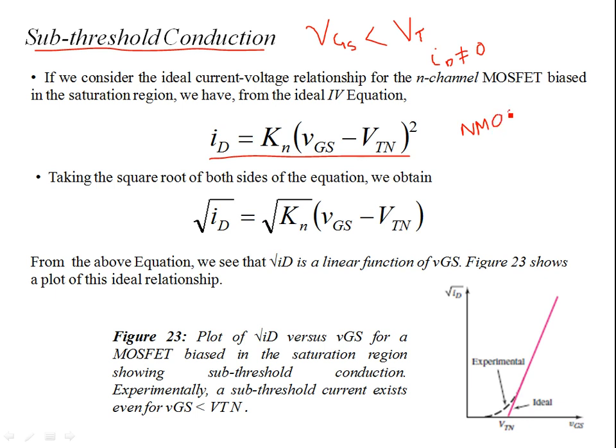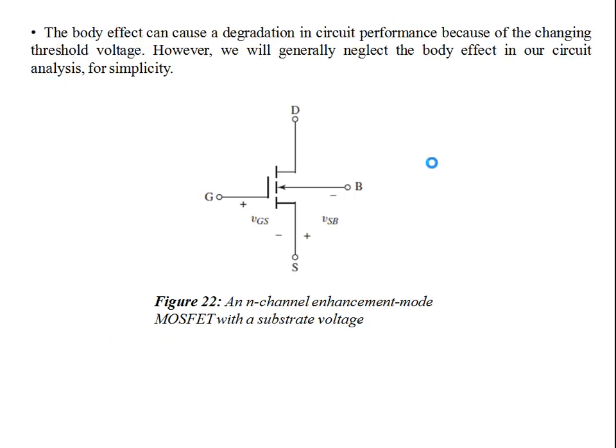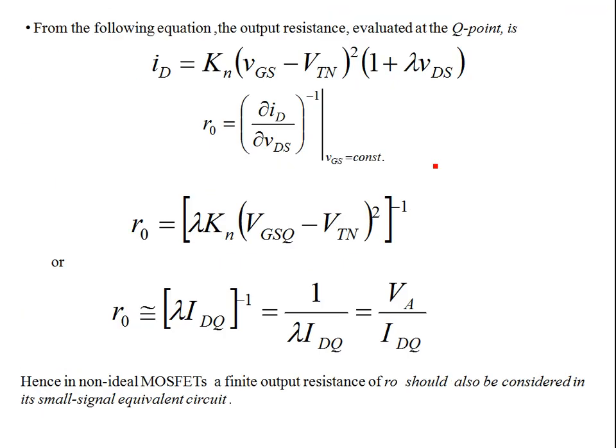And if you recall what we have discussed previously, for an actual NMOS device, we have another parameter. So this is ideal. The other parameter was the channel length modulation parameter, lambda. If you want to revisit those, in the previous lecture, for the output resistance, we considered another factor, 1 plus lambda VDS.